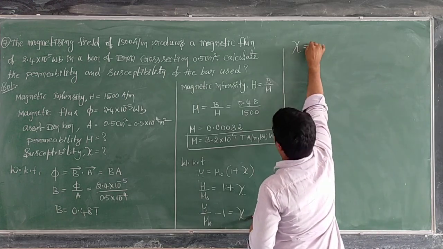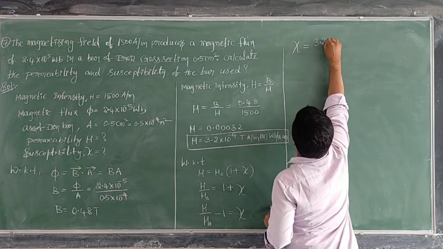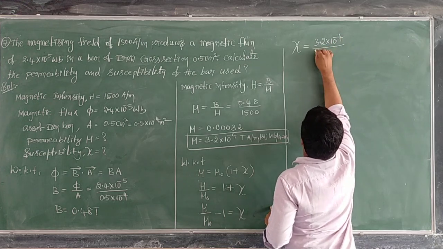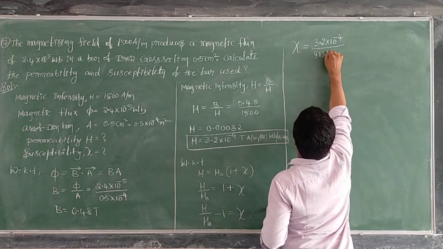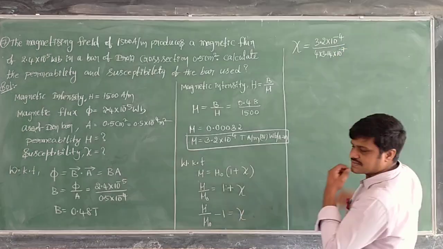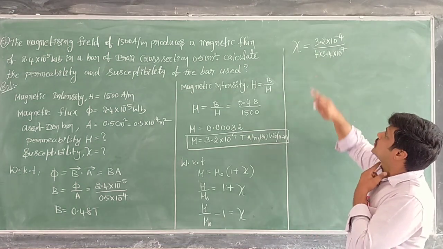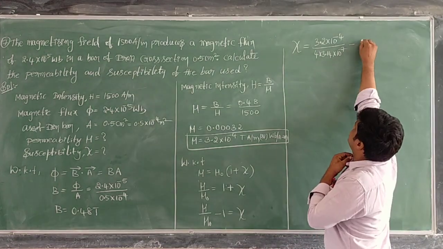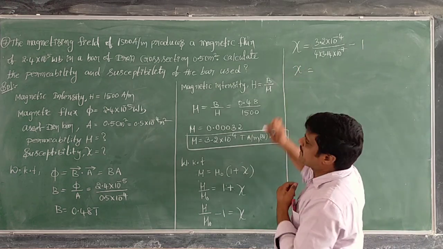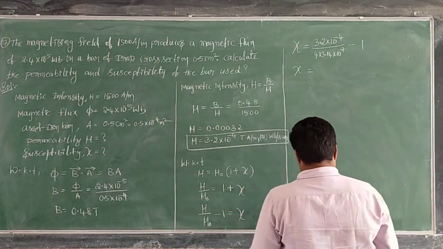Chi is mu divided by mu naught minus 1, where mu is 3.2 into 10 power minus 4 and mu naught is 4 pi into 10 power minus 7, 4 into 3.14 into 10 power minus 7. Next, chi after simplification is what we get.